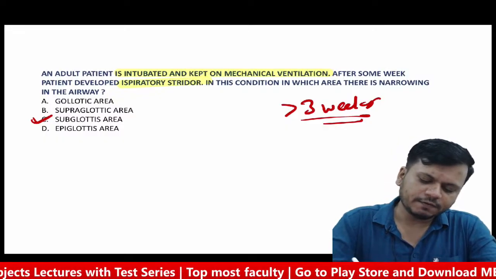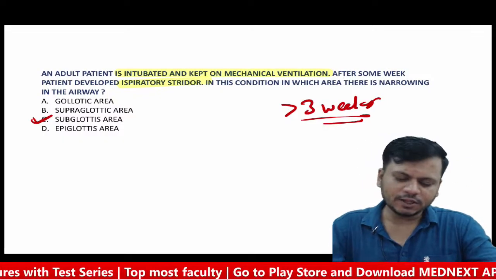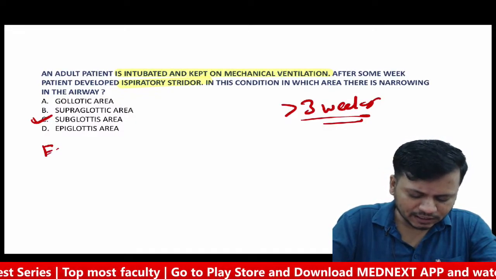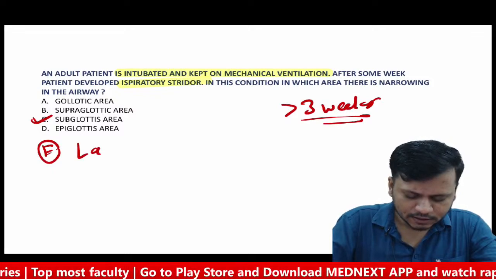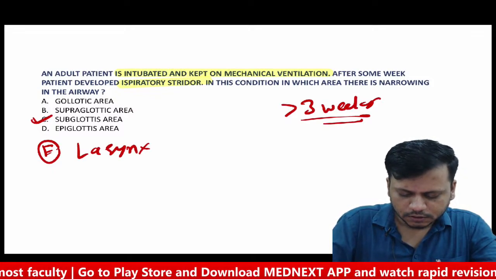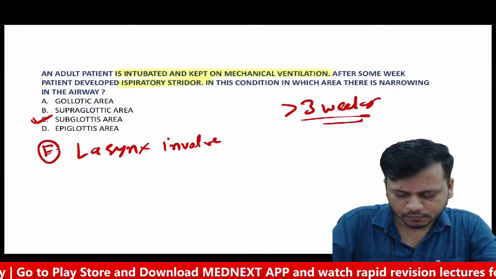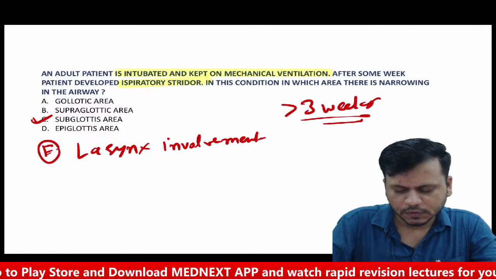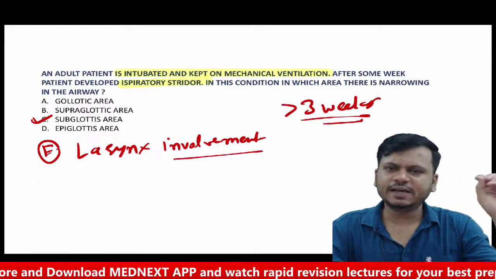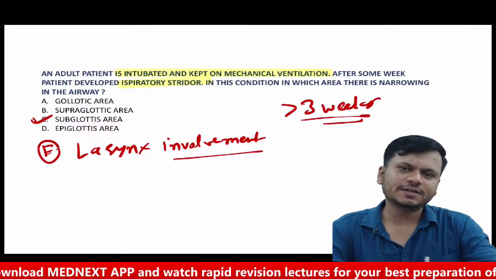If they have not written some weeks and they have written few days, and the option is, I am giving you option E, that is larynx involvement, or laryngeal area. Best answer is laryngeal area, because chances of having laryngeal edema after intubation.